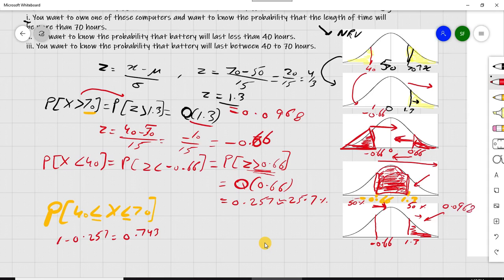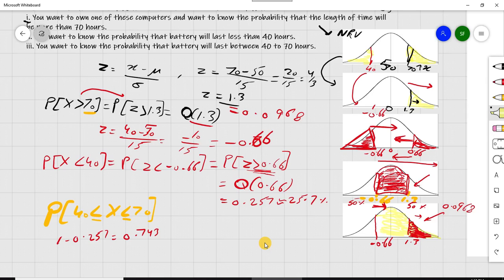So what do I do with these two values? Now if you notice, 0.0968 is the probability of this small region, and 0.743 is the probability of the whole region from minus 0.66 onwards up till infinity.